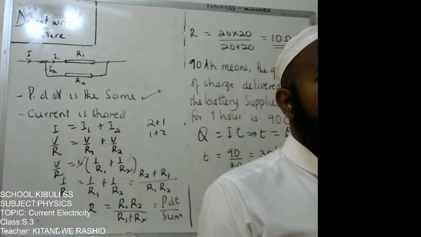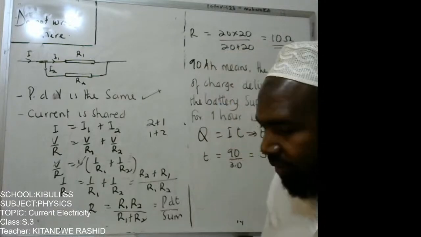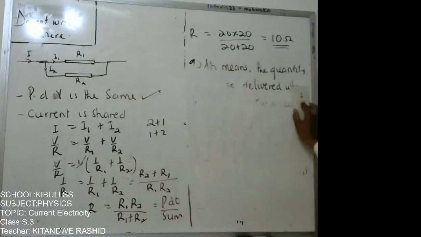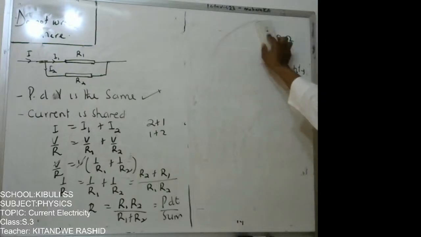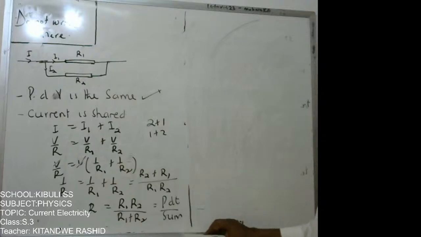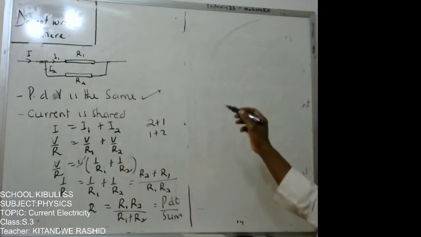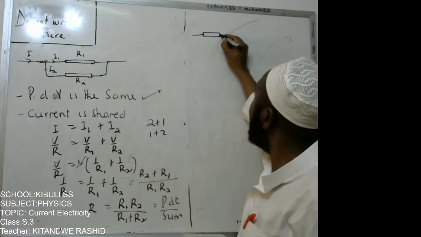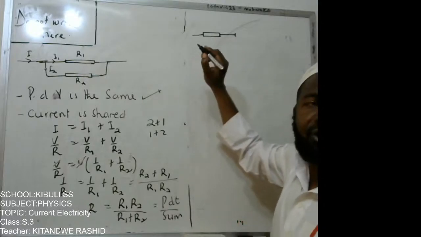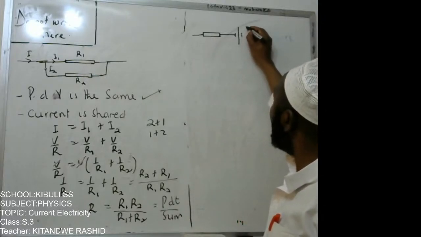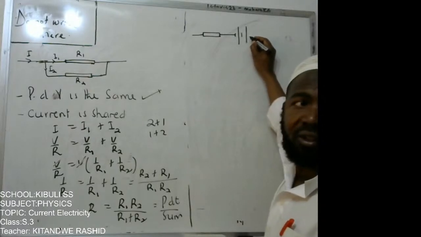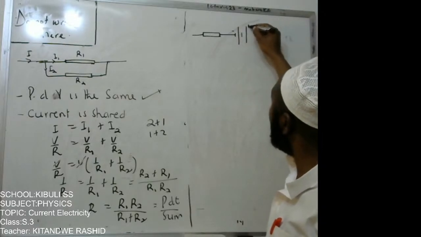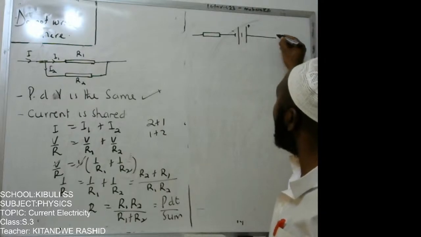Now, part C of the question was related to this diagram. So the circuit was arranged like the way you see it there in your notes. We have a short terminal and a long terminal, meaning that the short one is the negative terminal and the long one is the positive terminal of the battery.